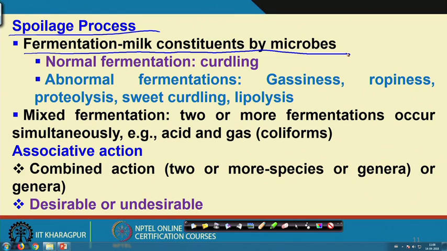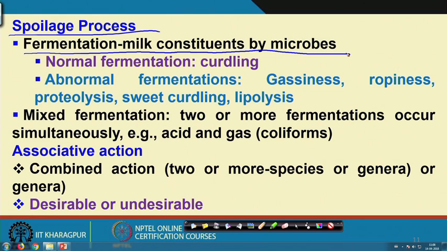There could be mixed fermentation, that is two or more fermentations occurring simultaneously. For example, acid forming bacteria, that is acid being produced and gas also being produced simultaneously, maybe by some coliform bacteria, right.